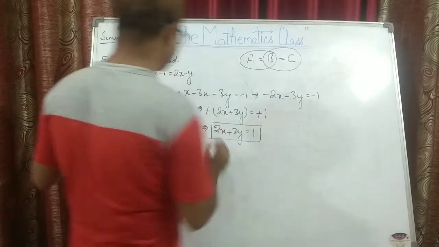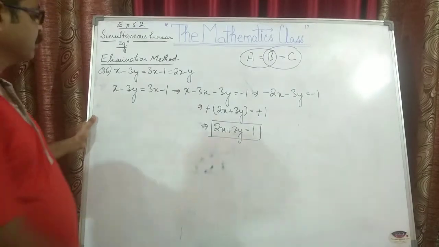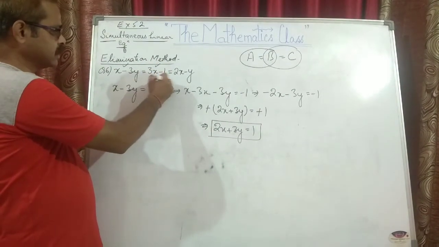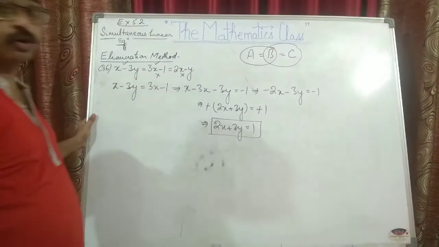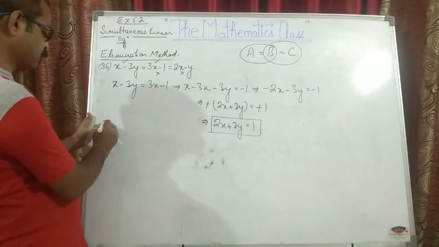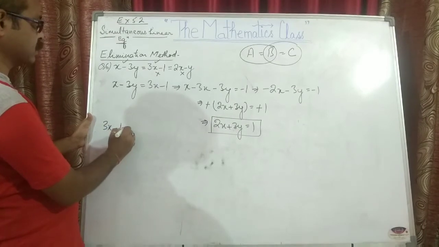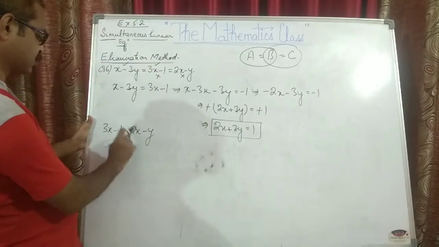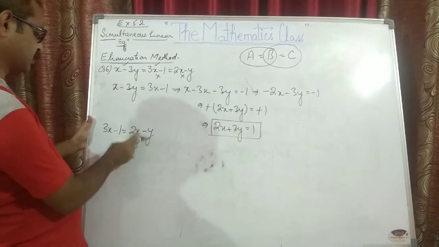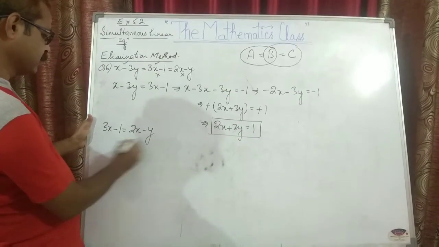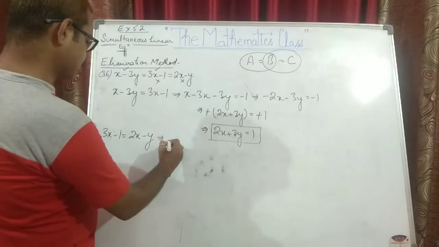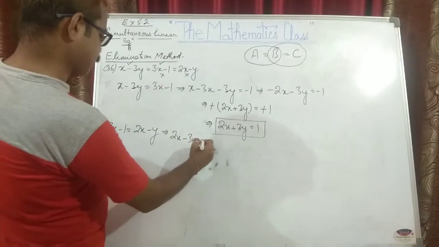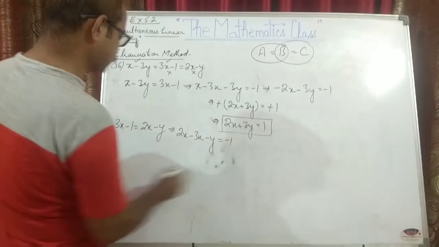We got one equation. Now we have equated this and this. Now we will be equating second and third, or B and C. So 3x minus 1 is equal to 2x minus y. Now 3x goes to this side, so 2x minus 3x minus y is equal to minus 1.